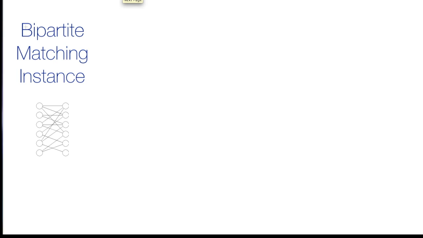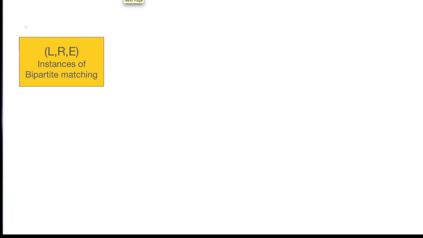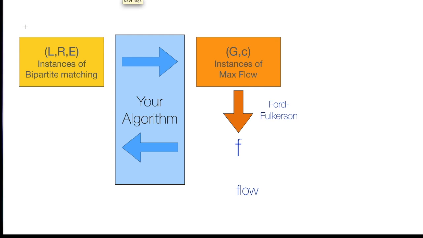For example, we took a bipartite matching instance, which consisted of left, right, and E, and we would map that into an instance of max flow, which consisted of a graph and a set of capacities. And so if we were to draw our diagram, we would say, let's take instances of bipartite matching. Our blue algorithm is going to transform this instance into an instance of a graph with capacities C. We're going to use any algorithm we know to solve this instance of max flow.